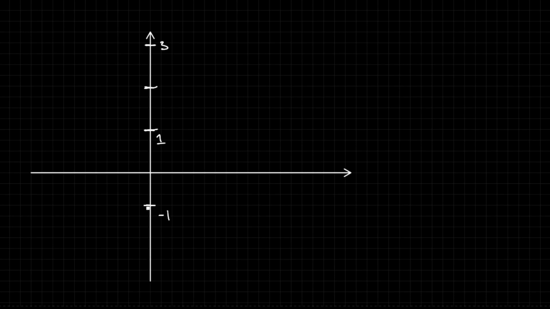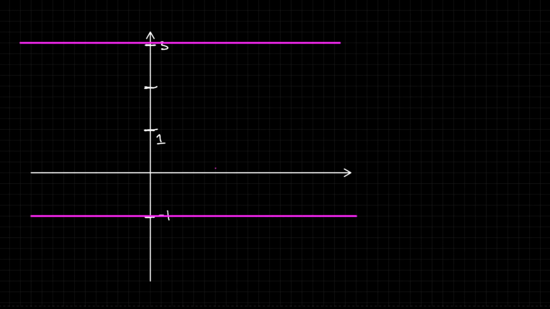I actually think I have to go a little bit further down to get to negative 1. There we go. Then we can draw our top, our bottom, and our midline. I think I can get a little bit better for my midline, so there we go, and we'll erase this other one.